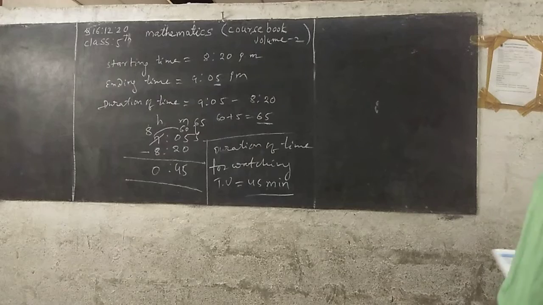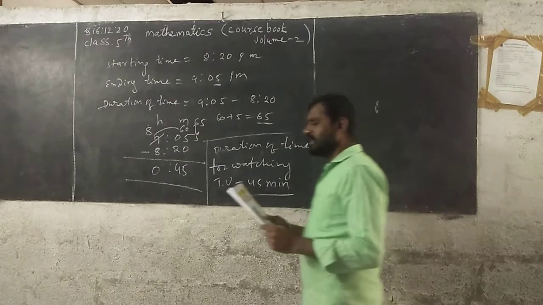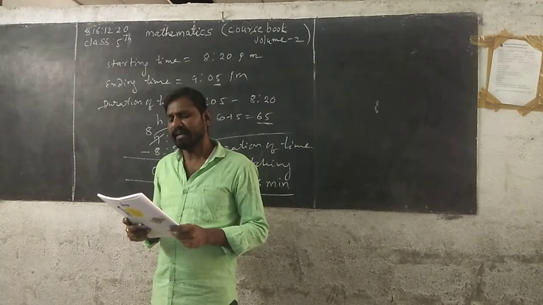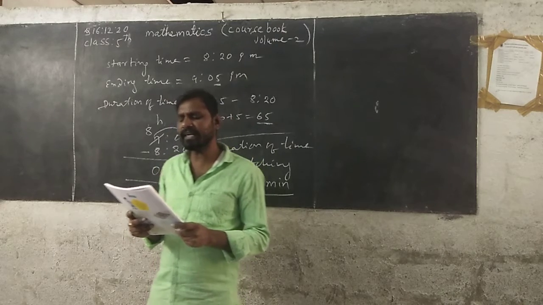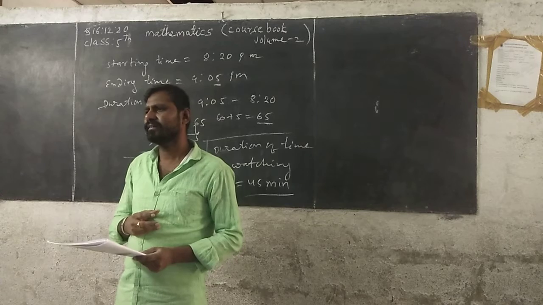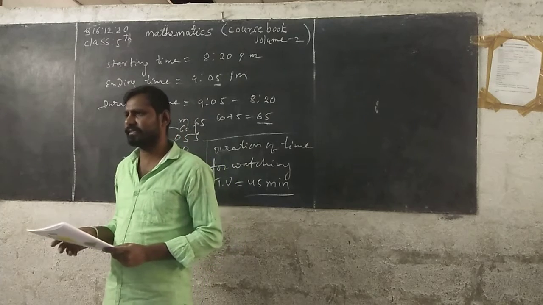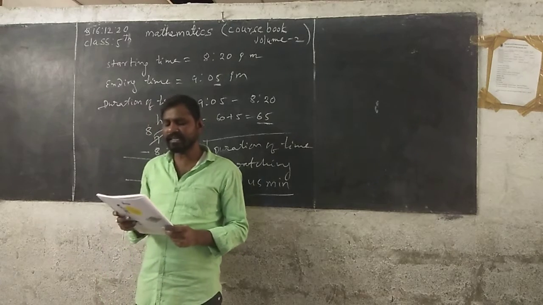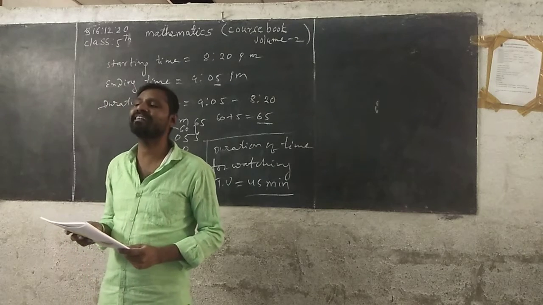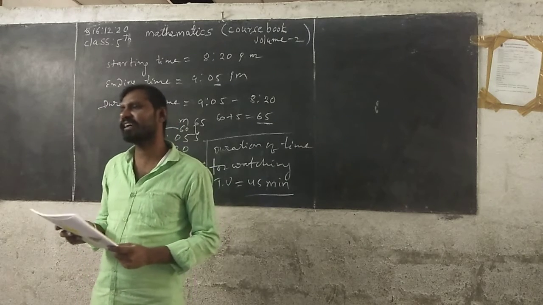See here, page number 5. Which event usually takes more time? Making a cake or eating a bowl of ice cream. Making a cake takes more than 15 minutes. Now next, sleeping all night. How many hours for sleeping? 10 hours or 12 hours.